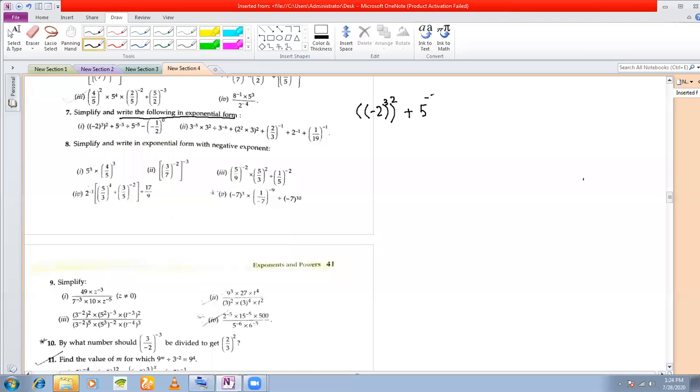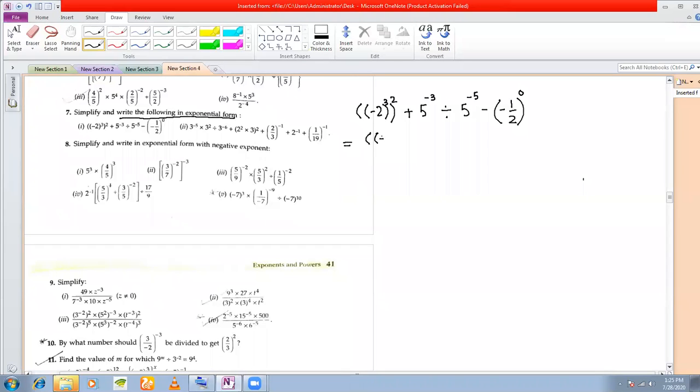5 to the power of minus 3 divided by 5 to the power of minus 5 minus half to the power of 0. Okay. So what we do here is we first carry out the division by BODMAS.